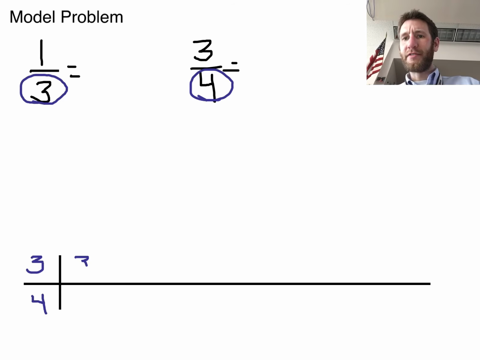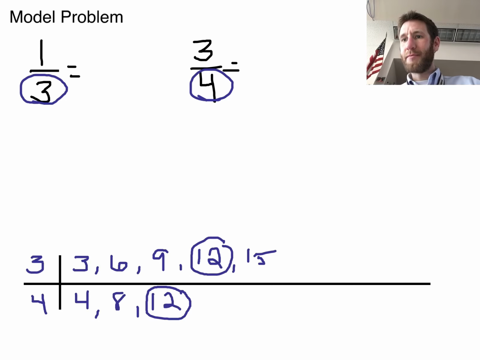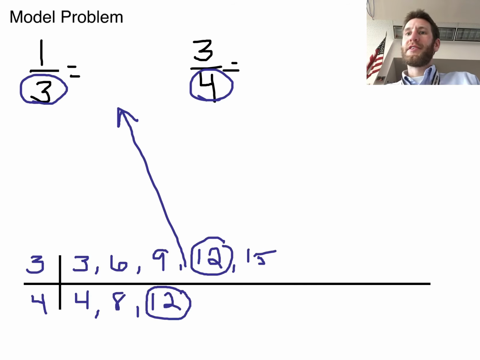So I might start off here and say 3, 6, 9, 12, 15, okay? And I'm going to go down the list as well and say 4, 8, 12, oh, they have one in common, because the lowest multiple that they have in common, or the smallest denominator they have in common, is 12. So that's going to show me that my denominator for both fractions is going to be 12.